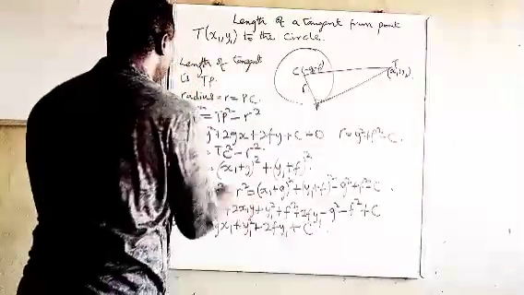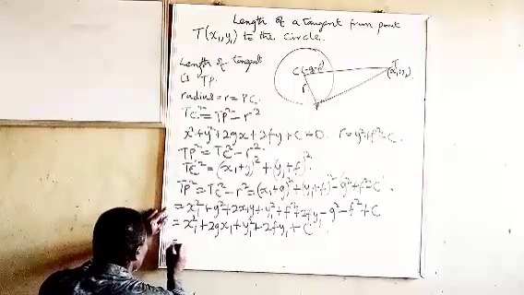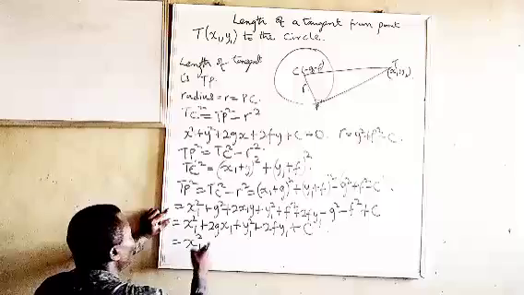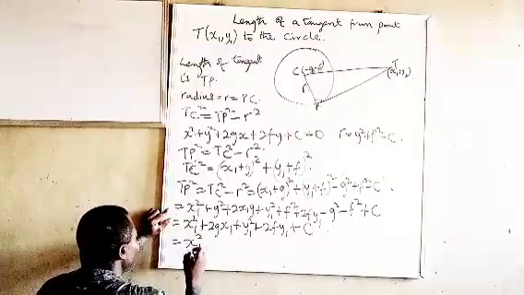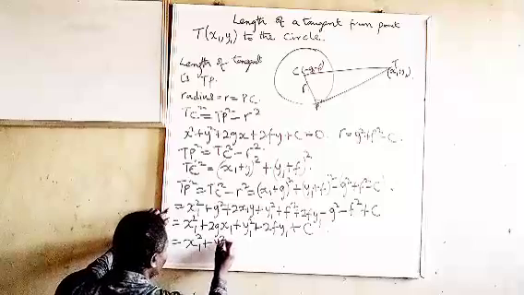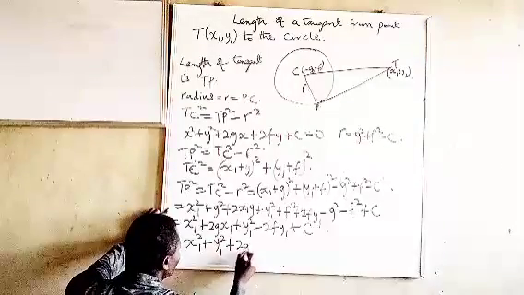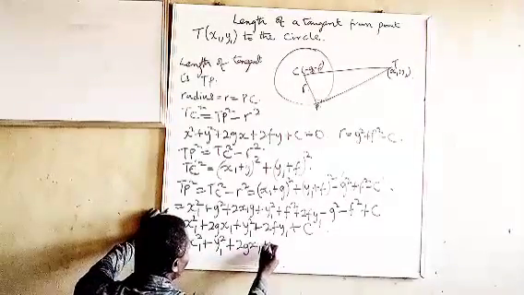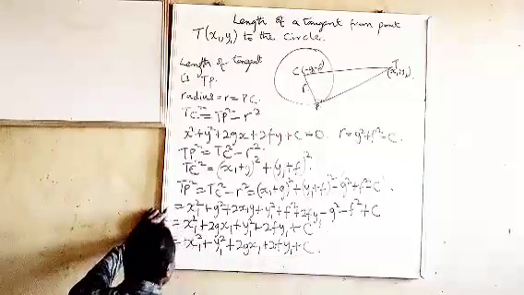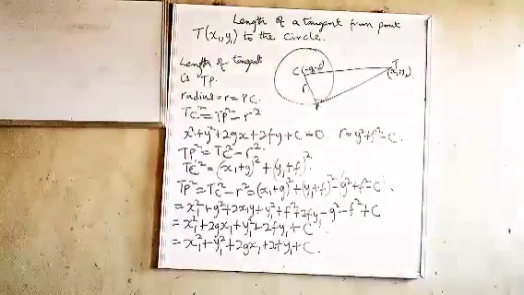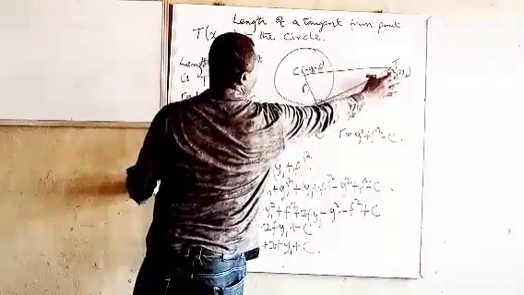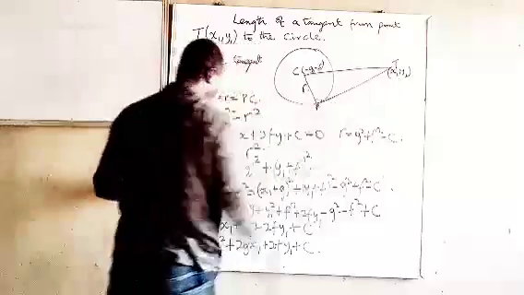So if you rearrange it, you will see that for the length of the tangent, it's just replacing the coordinates in the equation of the circle: x1 squared plus y1 squared plus 2gx1 plus 2fy1 plus c. That is the length of our tangent from a point external to the circle, the point T, x1 y1.